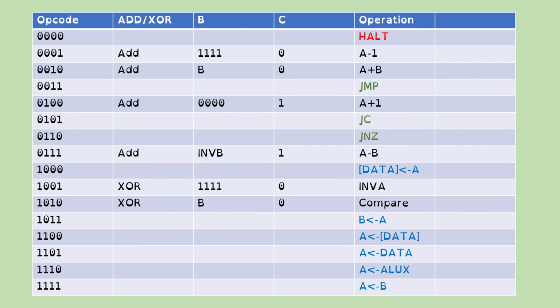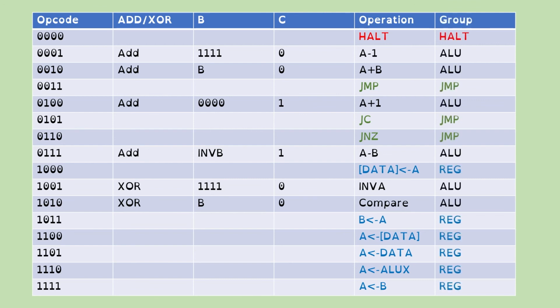Okay. So the last thing we're going to do is I've got a column on the right hand side here on this table that I don't know if you noticed was there and is not used. I'm actually just going to label each of these operations by which group of operations they're in. They're coloured as well in this table. So black, we've got the ALU operations. We've got the jump operations, which are in green.